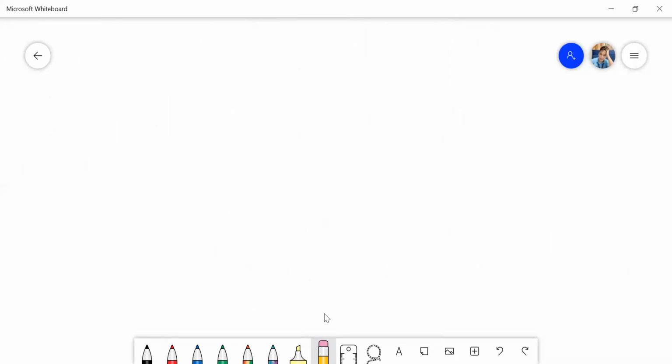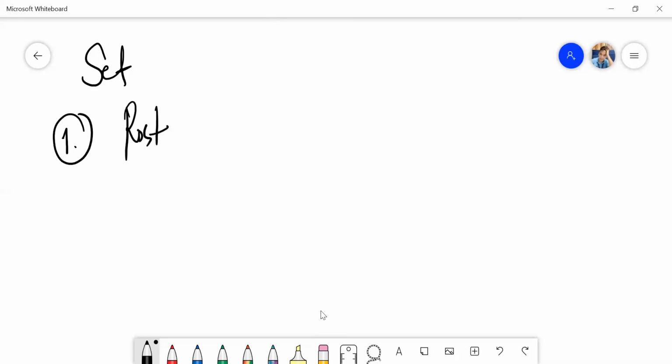Well, when we talk about sets, a set can be written in two styles. Number one, we have the roster method.